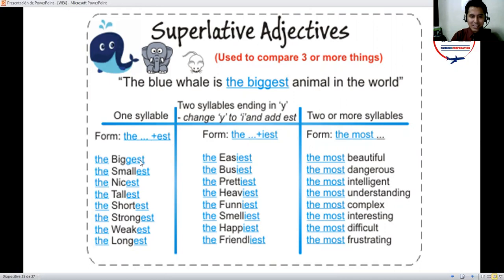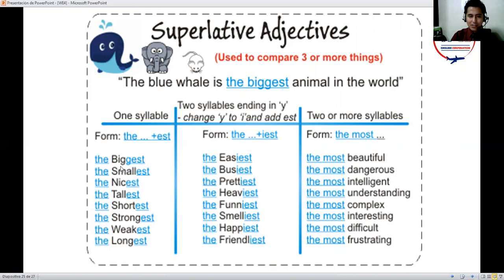In this case, we are going to consider something else. If the word finishes in consonant, vowel, consonant, we have to duplicate the last consonant. For example, in the case of the biggest, the smallest, the nicest, the tallest, the shortest, the strongest, the weakest, the longest.